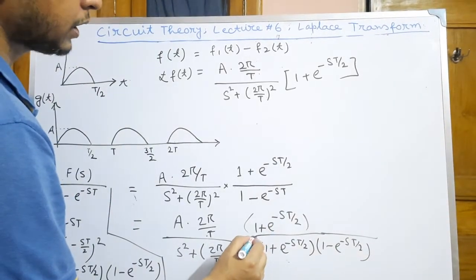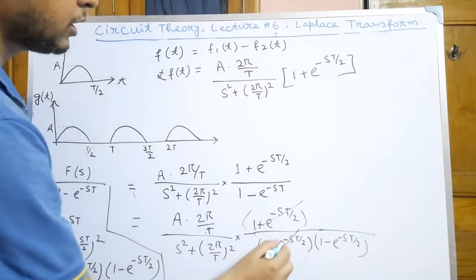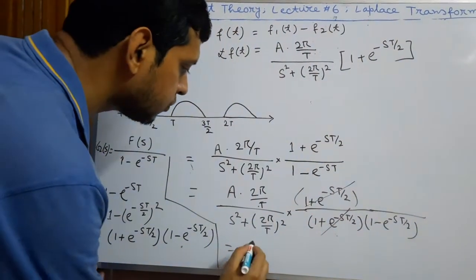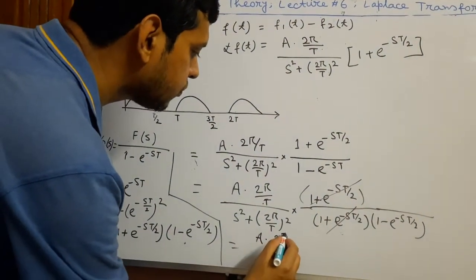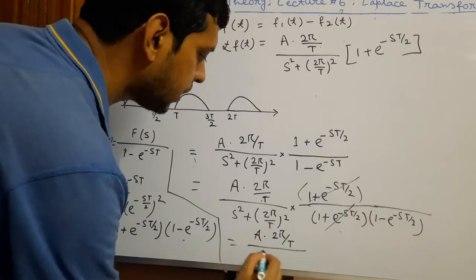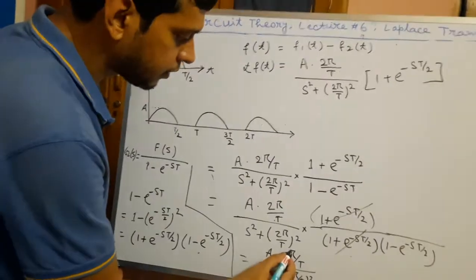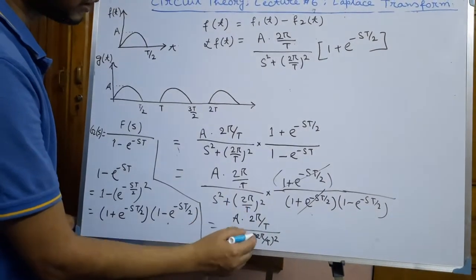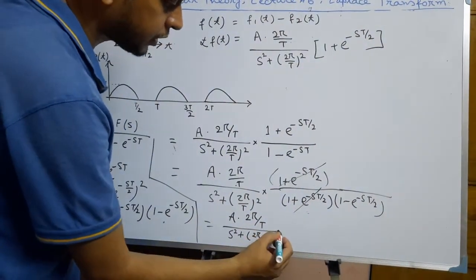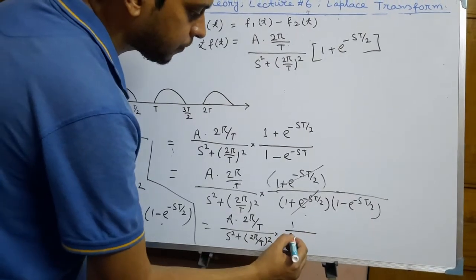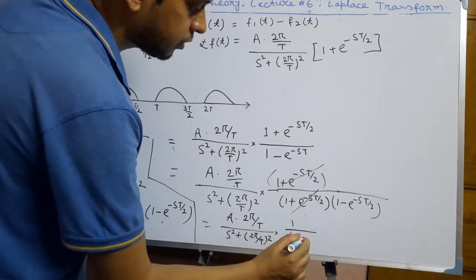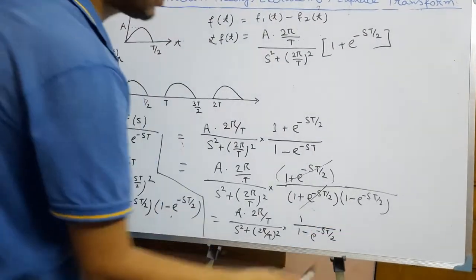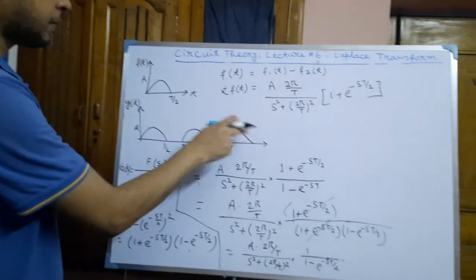So in the numerator and denominator these two will get cancelled. So the Laplace transform of this function is equal to A(2π/T) / [s² + (2π/T)²] into 1 / (1 − e^(−sT/2)). Okay, this is the Laplace transform of this function.